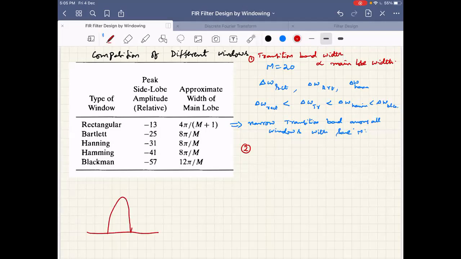I am just plotting the spectrum, assuming this is for the rectangular window. From here to here it is only minus 13 dB, that is, 13 dB lower from the main lobe peak to the side lobe peak, for the rectangular window.